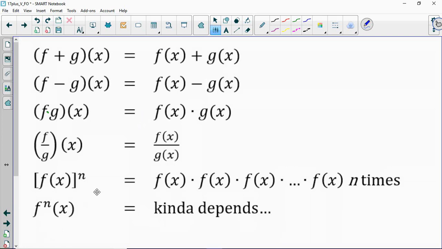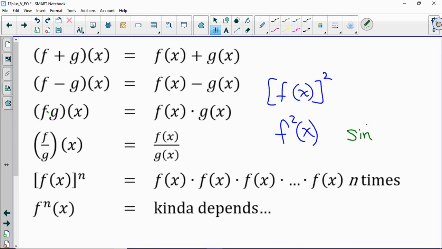So for example, I'm going to say that this is the function f of x squared, and some books and websites are going to say that's also the function f of x squared. And there are some contexts where I will tend to write exponents in that form. For example, when we deal with trigonometric functions, it's very common to write it like this. This means the sine of x all squared. We'll cover that in a future chapter. Don't worry about what that is right now.